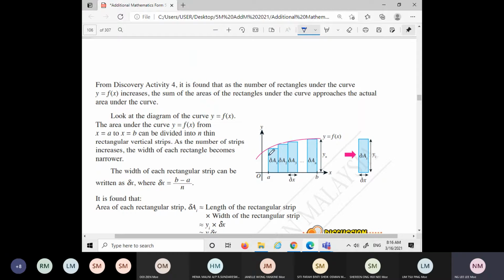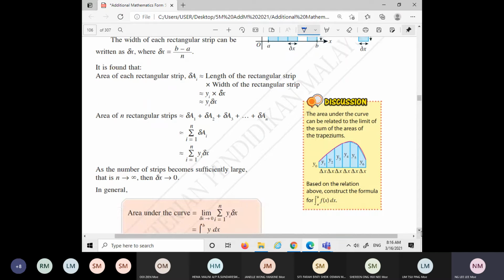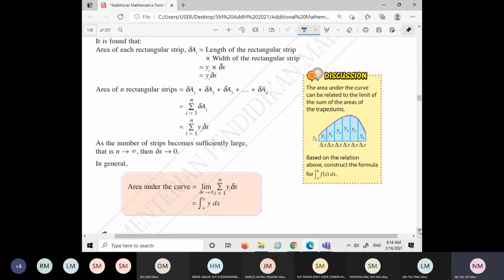Okay, so this one I don't want to go through in detail. So we go straight to here. Okay, so they say that if you add up all the areas of the rectangles, your answer will be very near to the area under the curve.